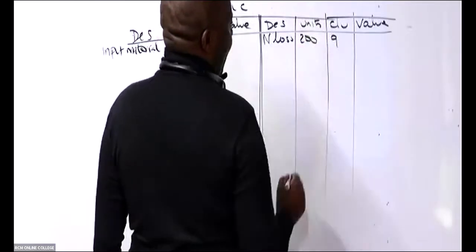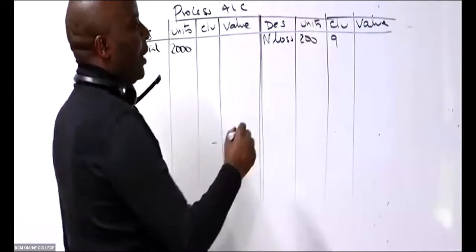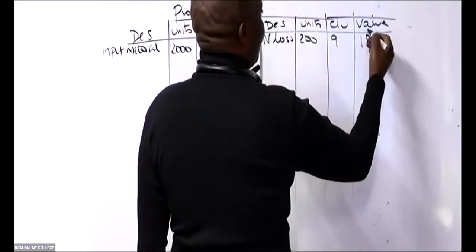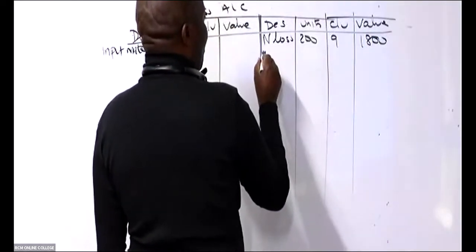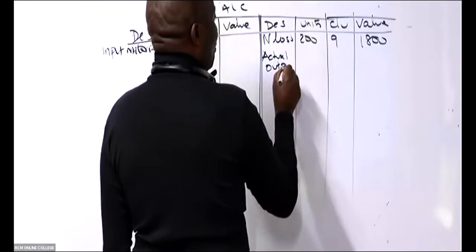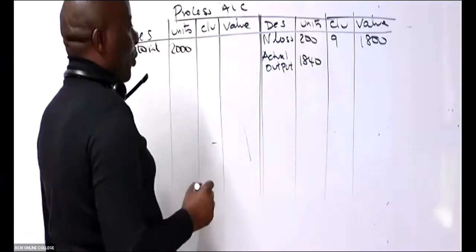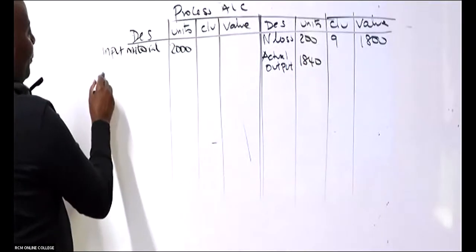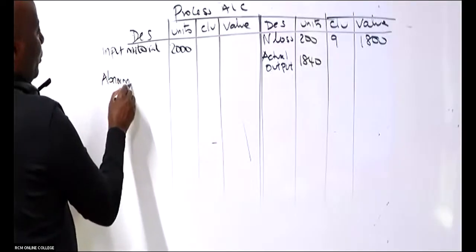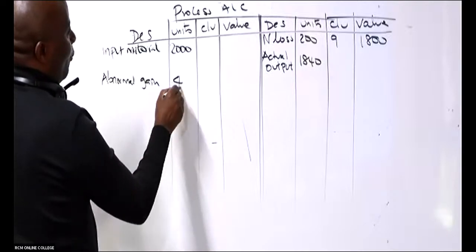And they have told us we are scrapping at 9 bob still. So 209, that gives me 1800. We have actual output 1840. We have abnormal gain of 40.